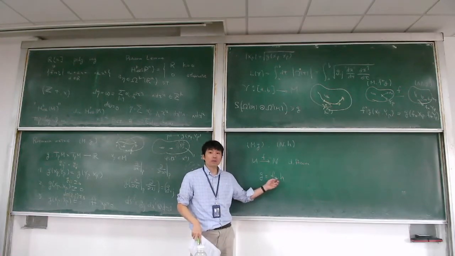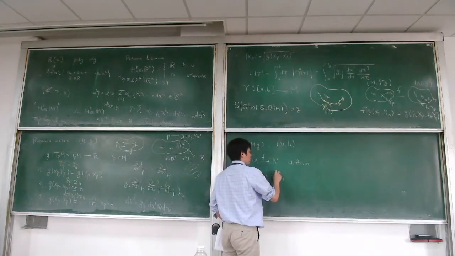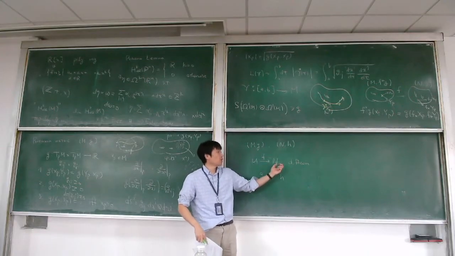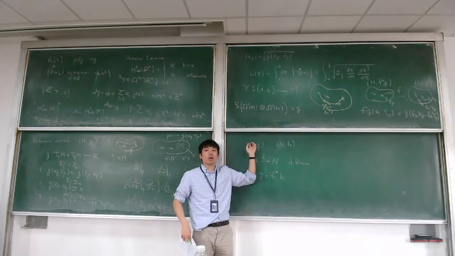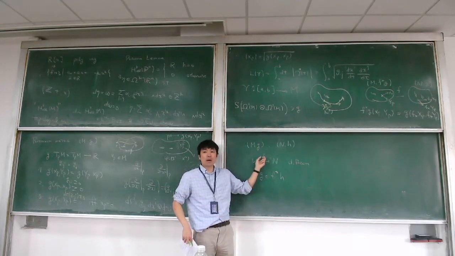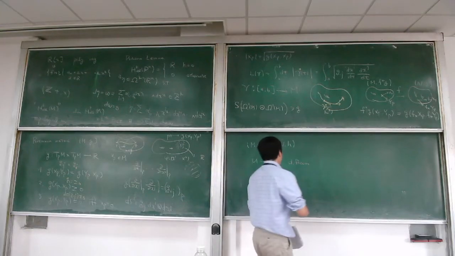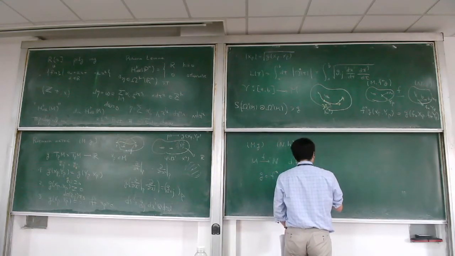If g is equal to f star of h, I think I should use the upper one, sorry, f star of h, this is the pullback of the metric h to N under this smooth map, a diffeomorphism. If this is the case, f is called an isometry.